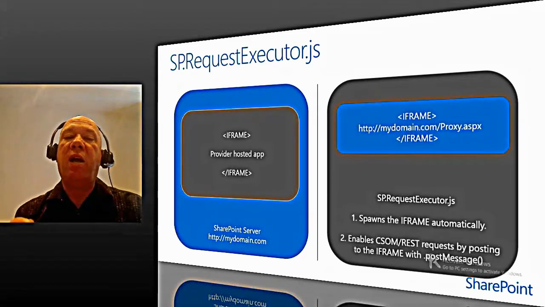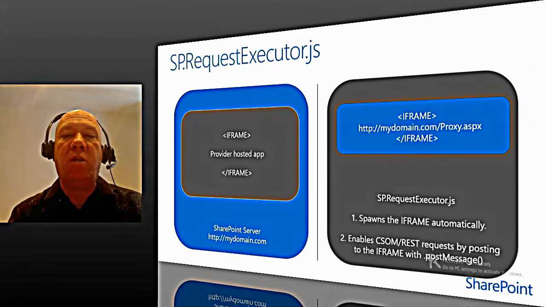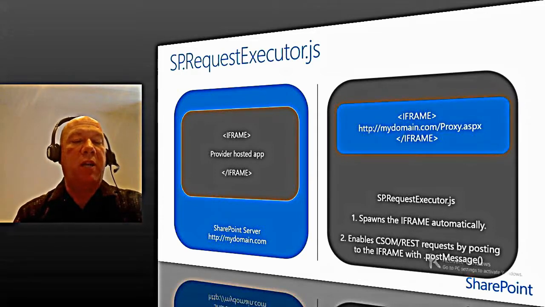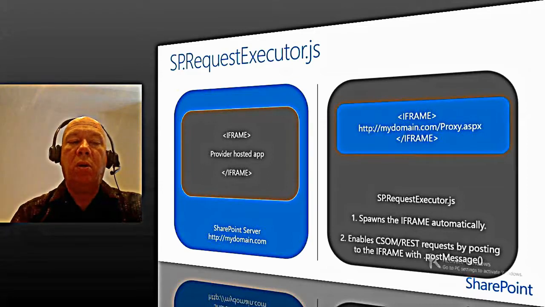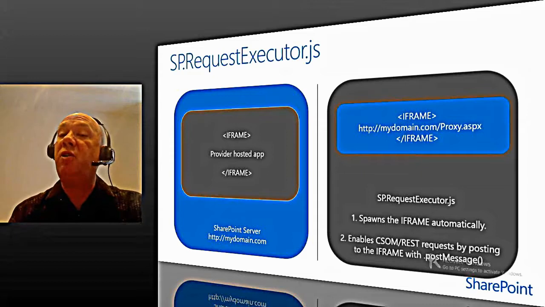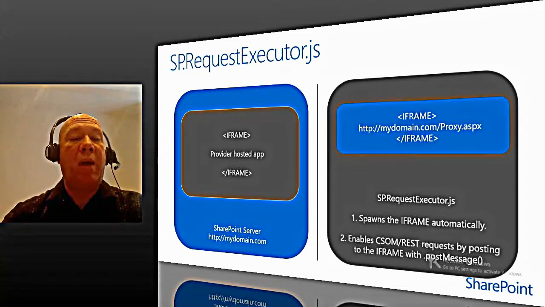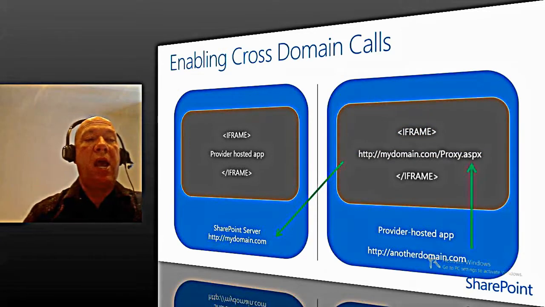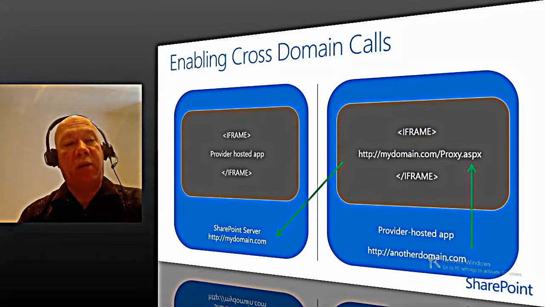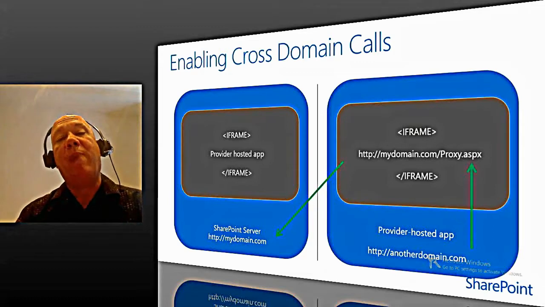And so now when it comes time for you to communicate with the SharePoint server, you send a message from your JavaScript code into that iframe. The proxy is going to pick it up. It's going to make the call back to its server. Okay. And then you'll get the result back into the proxy, and the proxy will pass it back to you.